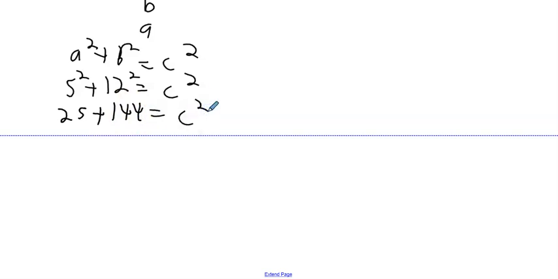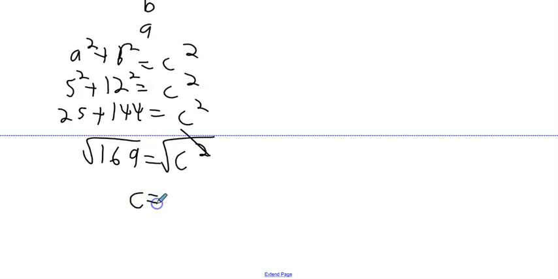Add those together, and you get 169, c squared. Well, we want c, so the square root of c squared is just c, and we square root this, which happens to be c equals 13.